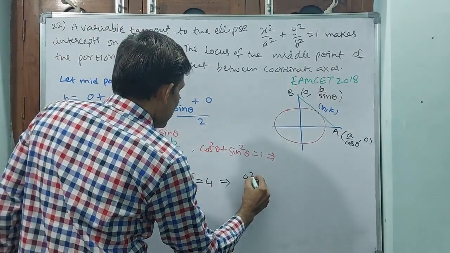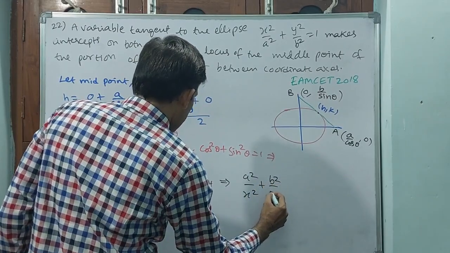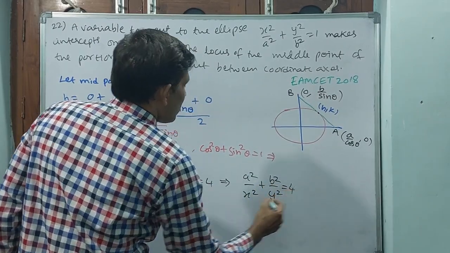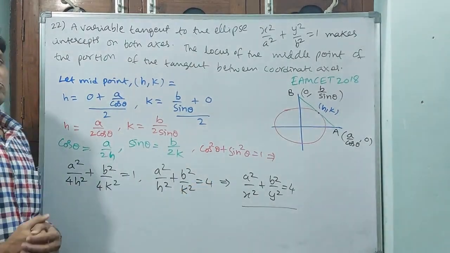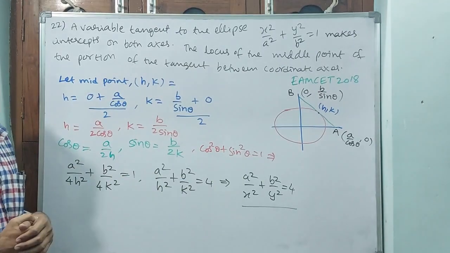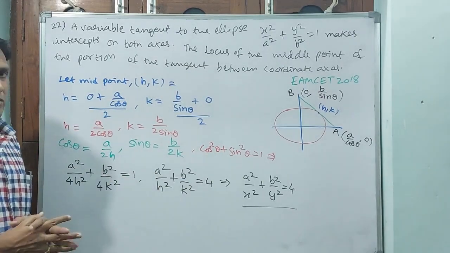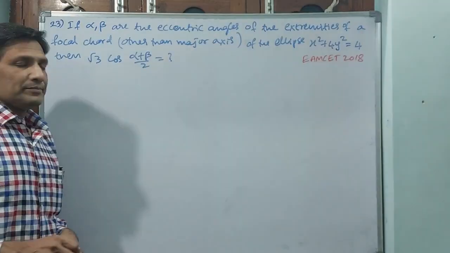This implies a square by x square plus b square by y square is equal to 4. This is the locus of this tangent.